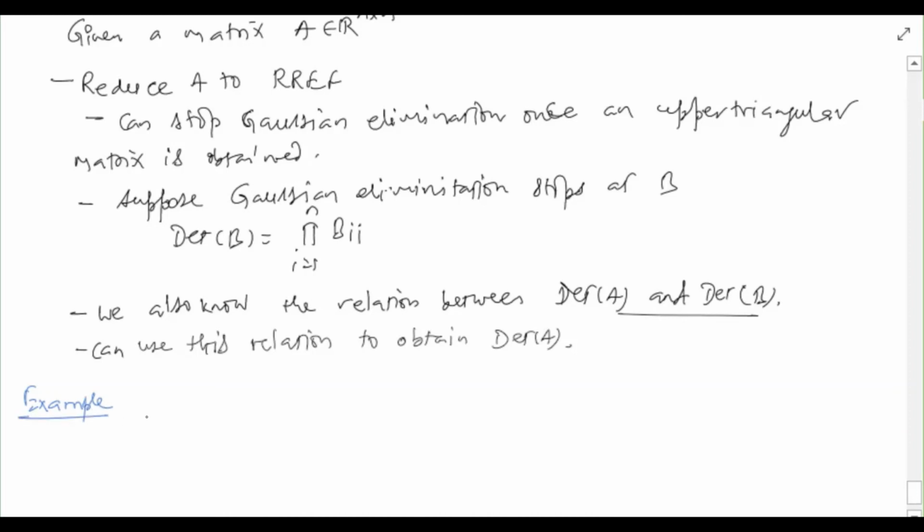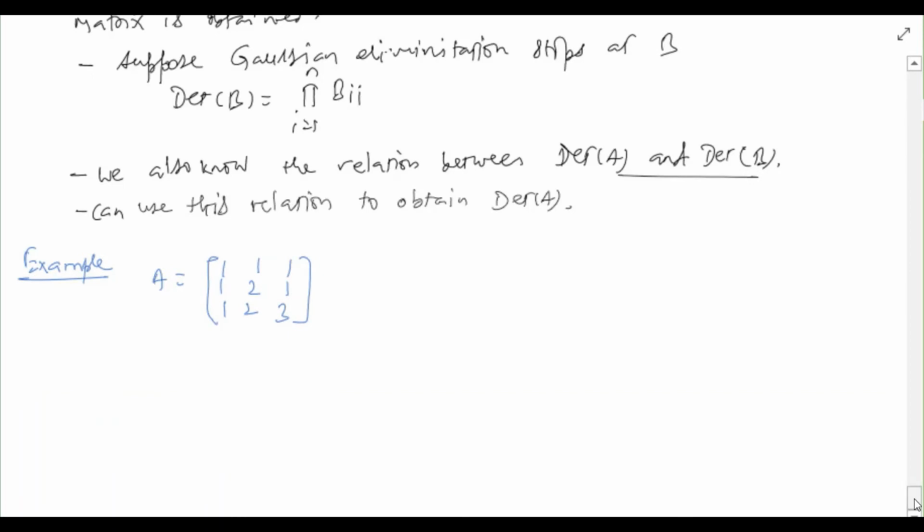Let us see an example. Consider matrix A equal to 1, 1, 1, 1, 2, 1, 1, 2, 3. Let us start Gaussian elimination in an attempt to convert A to a row reduced echelon matrix.